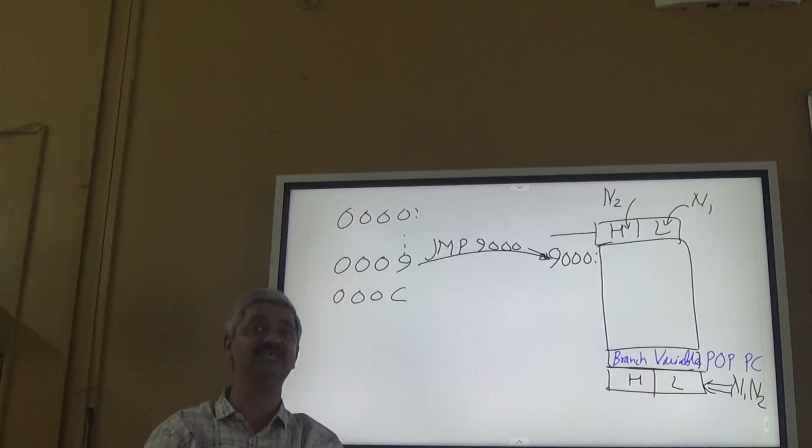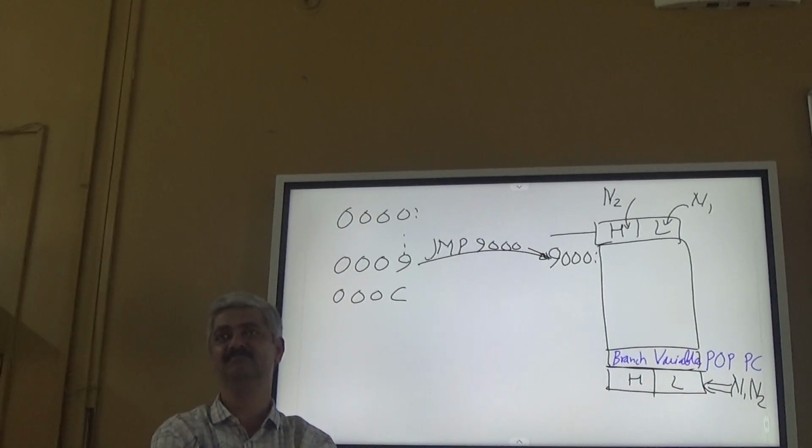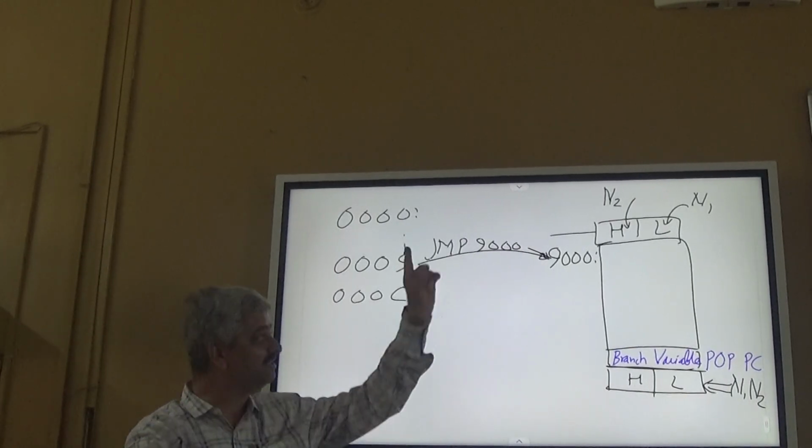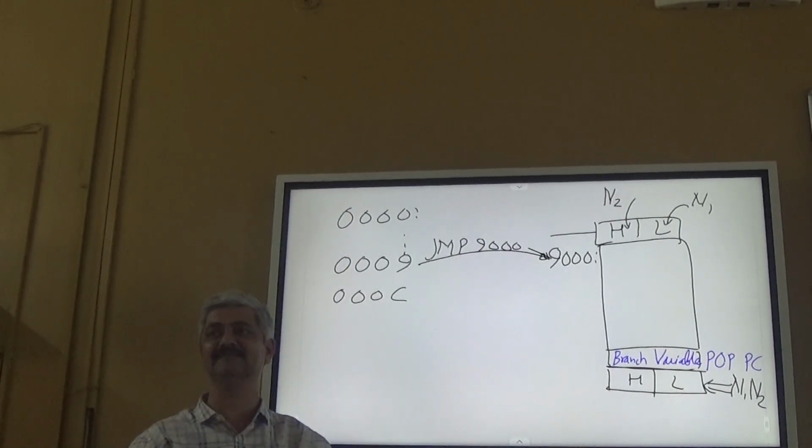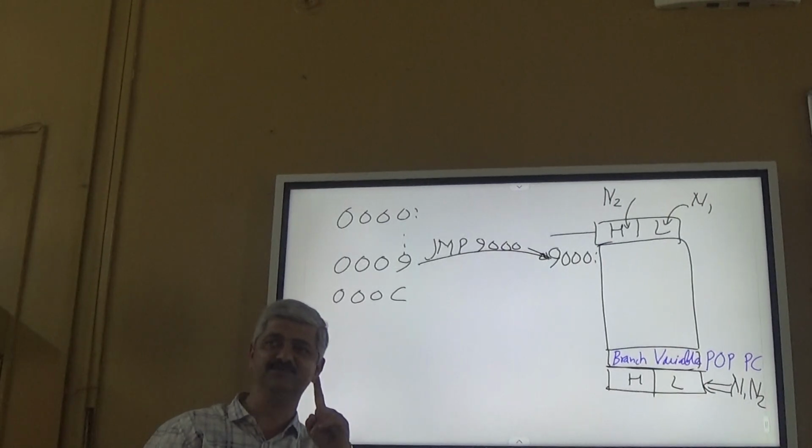So the magic instruction is pop PC. So this is a subroutine and the magic instruction is pop PC. So what will it do? It will branch.